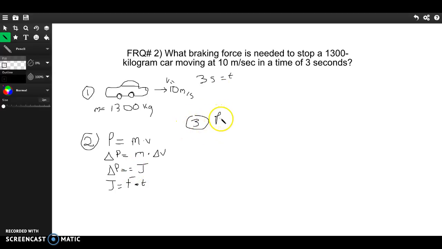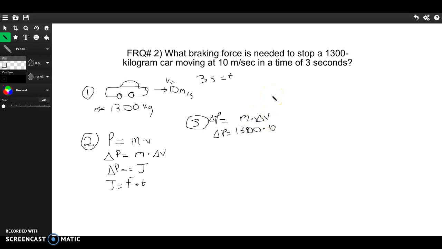So P is equal to M times V, or M times change in V. So we can say that change in P is equal to 1,300 times 10, because that's the change in V.